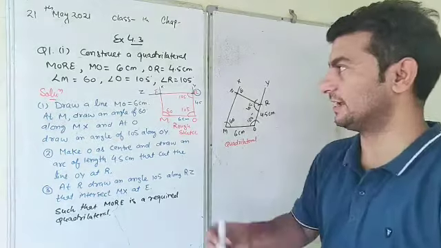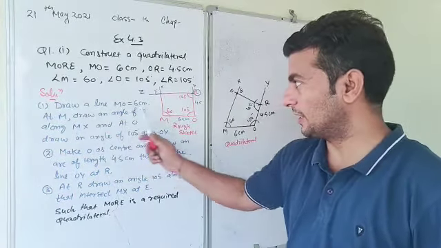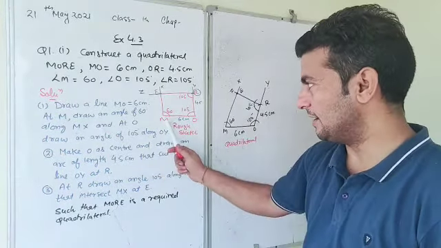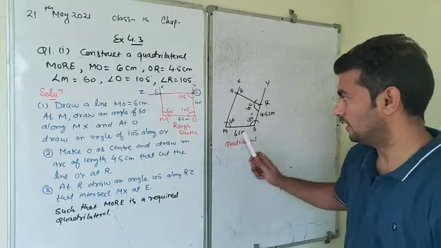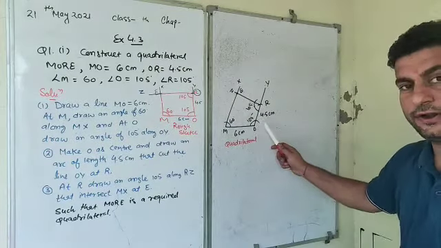Now let us revise it again. First of all, draw the line MO. Then at M, draw an angle of 60 degree along MX. And at O, draw an angle of 105.